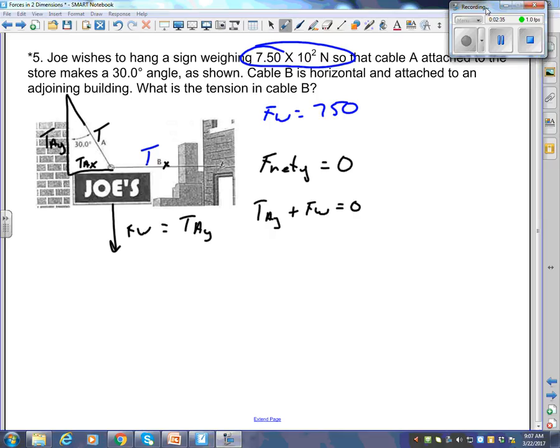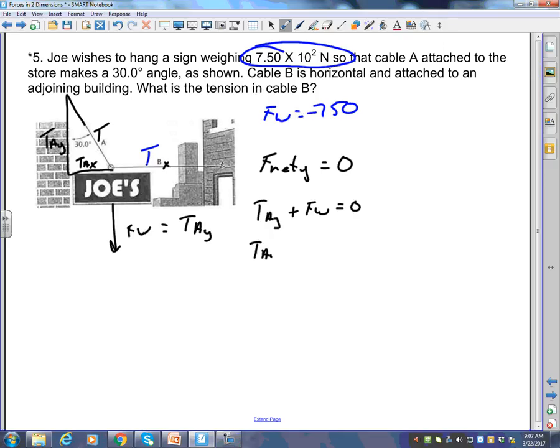Now that 750 is actually down, so it's negative, right? So TAY minus 750 is equal to 0. In other words, TAY is 750. It's a whole lot of work just to get to there, right? That said, mentally you should be able to go the next time, oh yeah, I know what's going on here, I don't have to explain that.